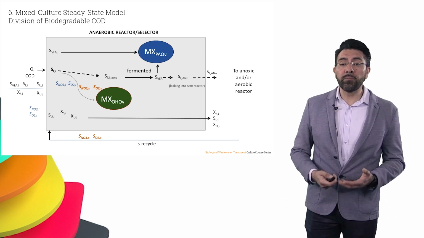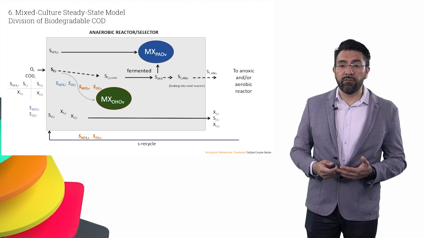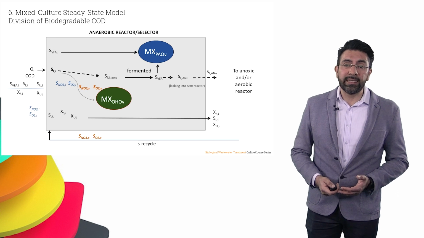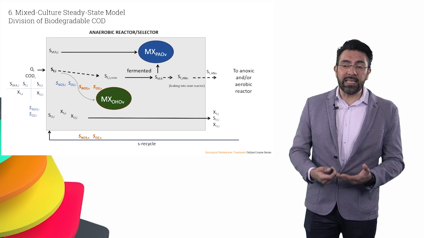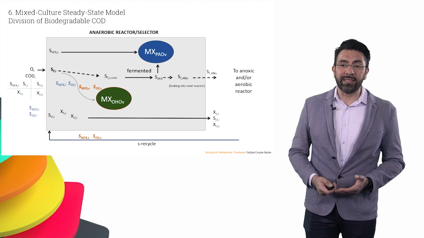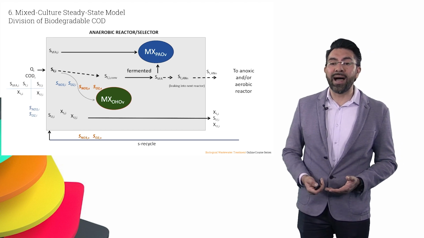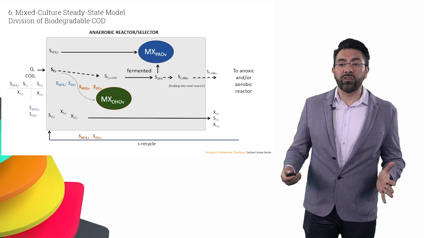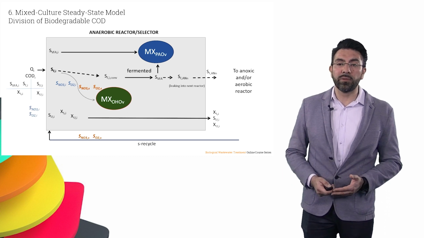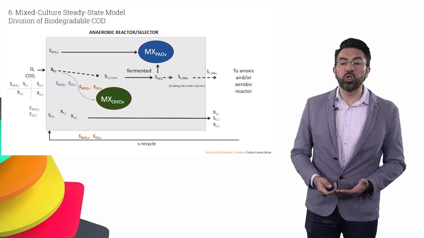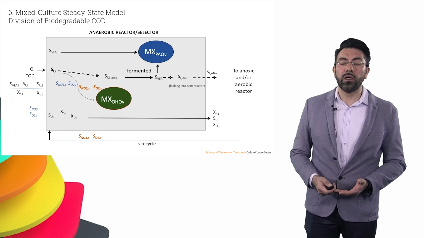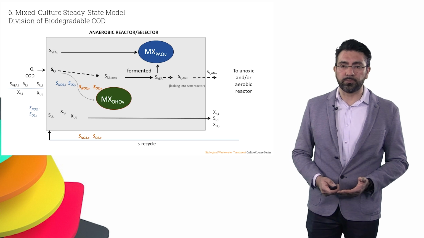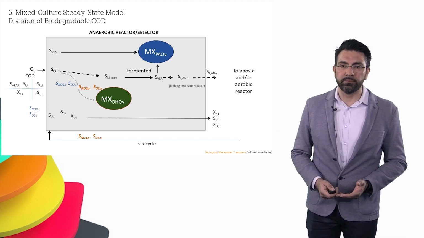acids. So the model considers that of that fermentable COD that is available after the amounts that the OHOs could consume, the amount that is produced is or could be directly consumed by the PAOs, but the model also estimates what could be the amount of fermentable COD that has been actually converted, but that because of the physical limitations or retention time in an anaerobic reactor cannot be fully consumed by the PAOs and leaks or escapes from the anaerobic reactor and goes to the anoxic or the aerobic reactor that may be located downstream.